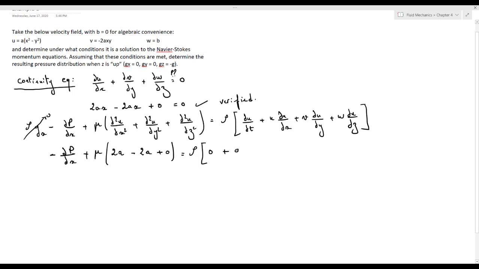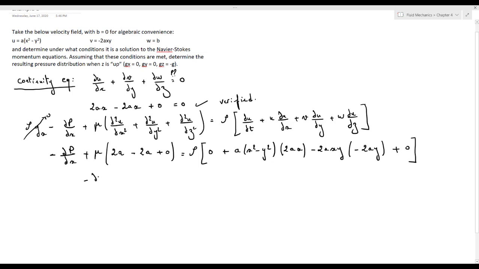So this is equal to rho into del u over del t, which is 0, plus u, a(x² minus y²), into del u over del x, which is 2ax, plus v, which is minus 2axy, into del u over del y, which is minus 2ay, plus w is 0, so the last term will be equal to 0.